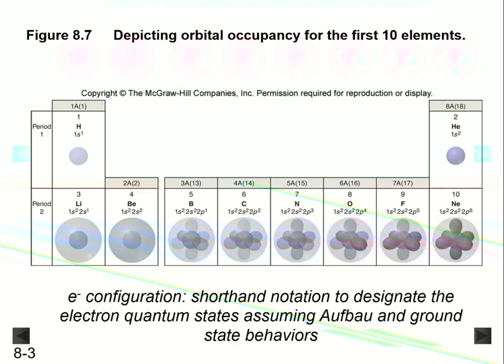That's the location for all 7 of the electrons. For oxygen, it's 1s2, 2s2, 2p4. When we get to fluorine, 1s2, 2s2, 2p5. And then neon completes this series with 1s2, 2s2, 2p6.